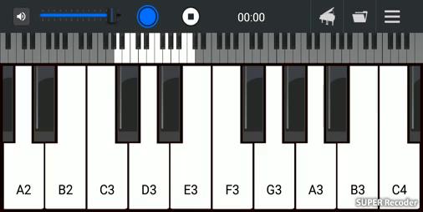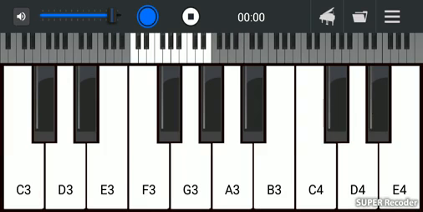So let's go C3, C3, C3. Okay, C3 backwards. Do, re, mi, fa, sol, la, ti, do.